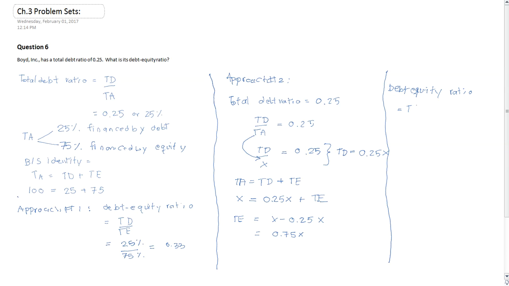It is equal to, again, total debt divided by total equity. And we already know that total debt from what we worked on is 0.25x and total equity is 0.75x, right? That gives us x canceling each other. So we get 0.33, which means either approach 1 or 2 gives us the same answer.